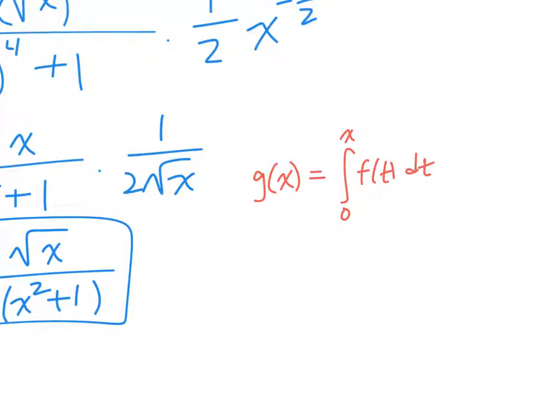Because of that, it is a function of x, where x is somewhere on the x-axis. Part 2 is, if that is true, then g prime of x, the derivative, is f of x. Notice the variable change: it is not f of t, it is f of x. So we change the limit into the actual function. This is FTC Part 1.